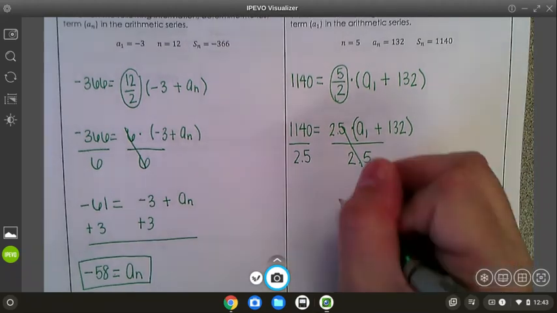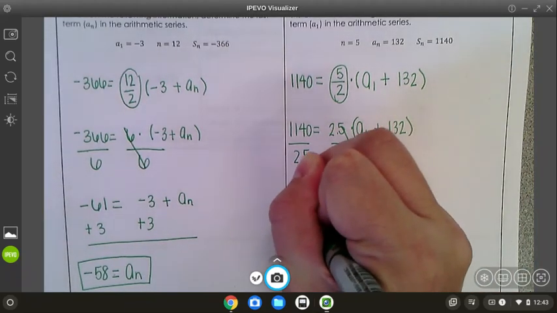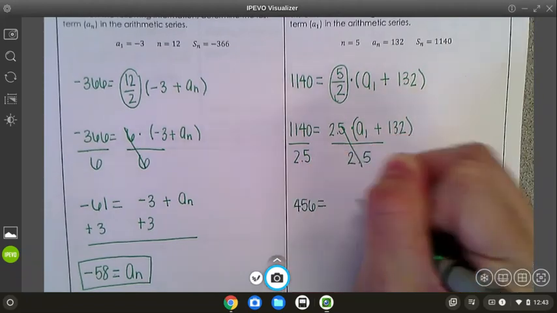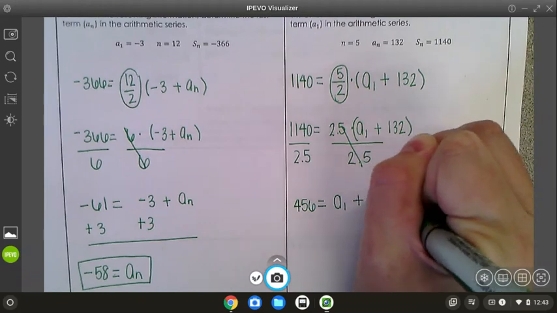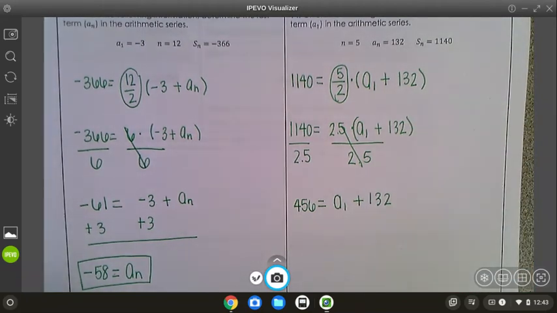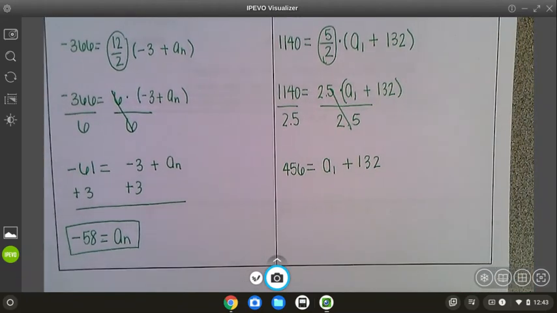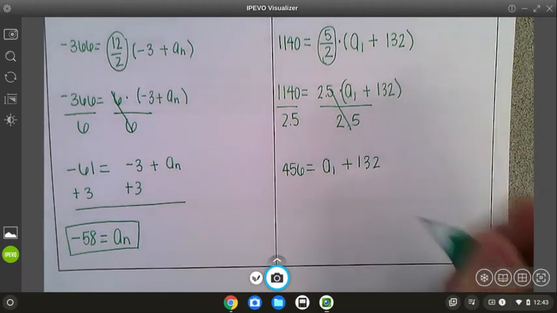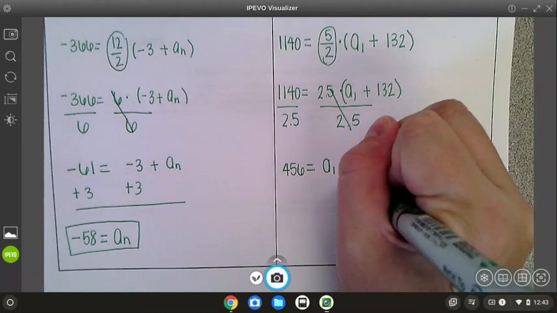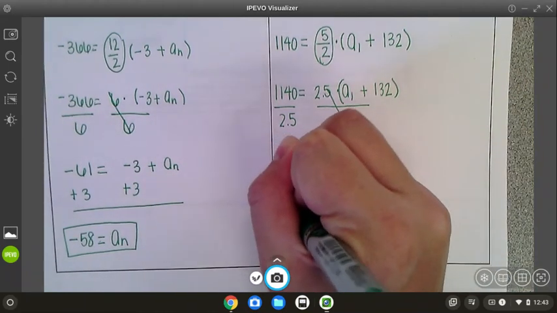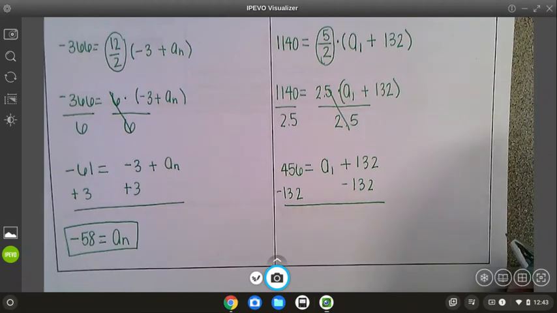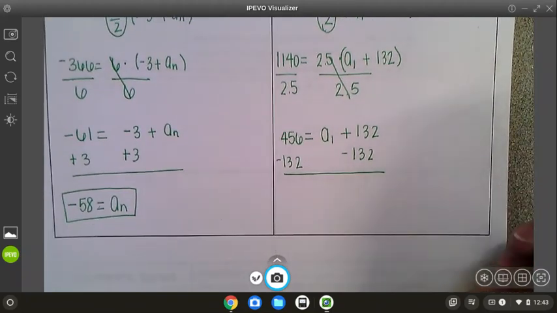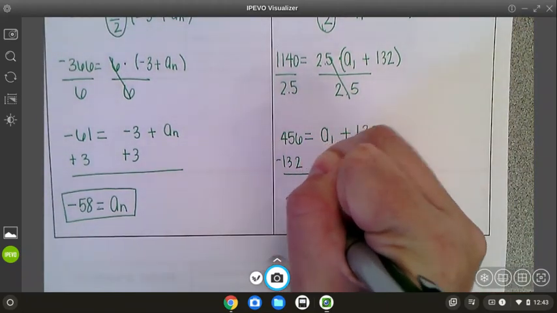And that gives us 456 equals a1 plus 132. And then we need to subtract 132 from both sides. And that gives us 324.